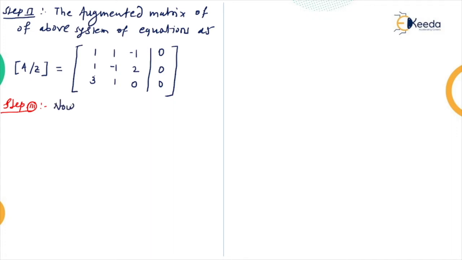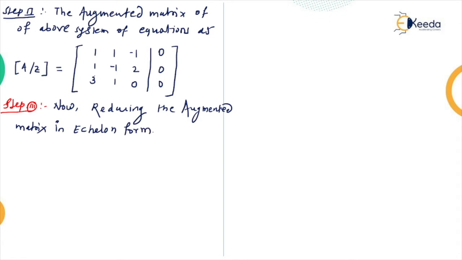Reducing the augmented matrix to echelon form is done by using row transformations. A row transformation means we perform an operation on a row and change it with respect to the other rows in the matrix.